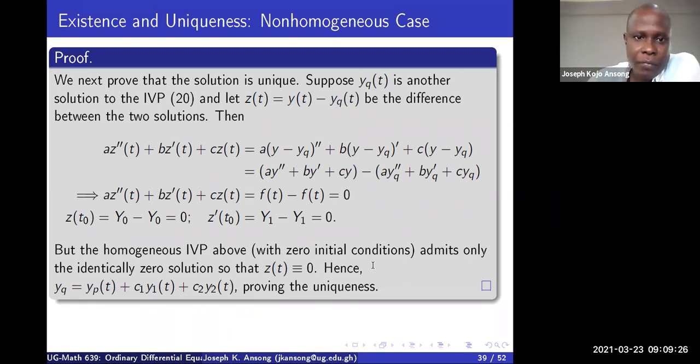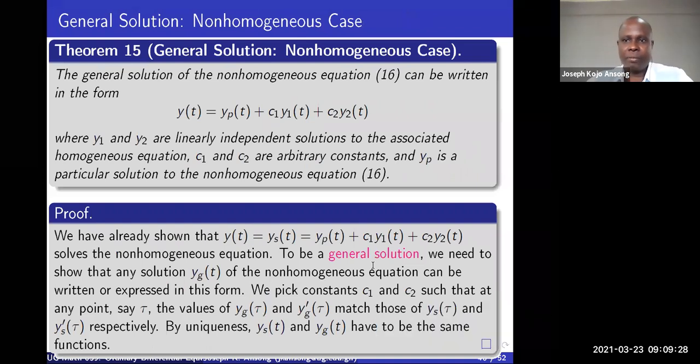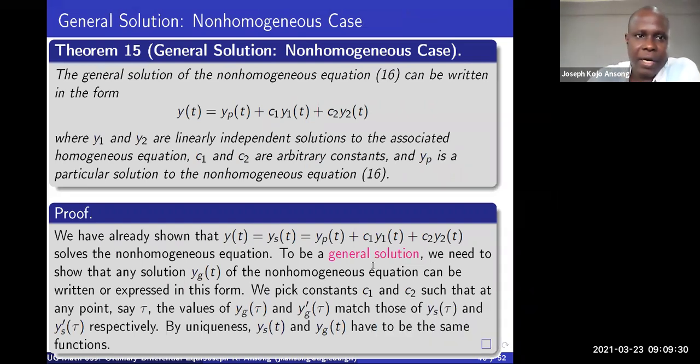Okay, great. So we finish off with our final theorem here. This will be the last one, and then I'll end the video and then continue with the method of undetermined coefficients, depending on the time. So the general solution: we want to show that the y that we just proved is a solution to the non-homogeneous equation is a general solution.